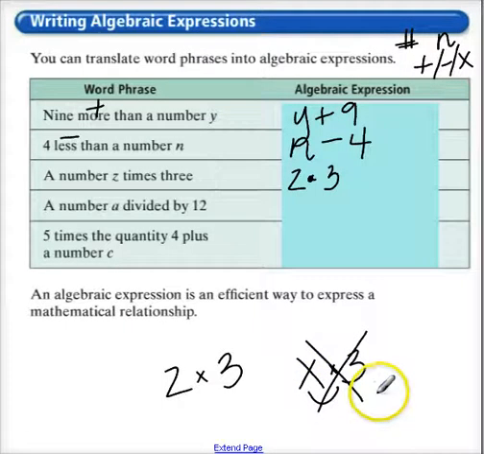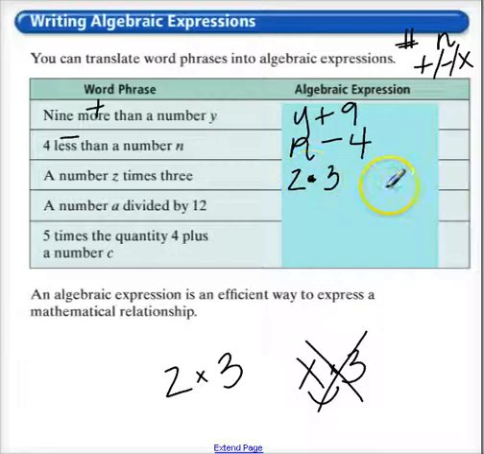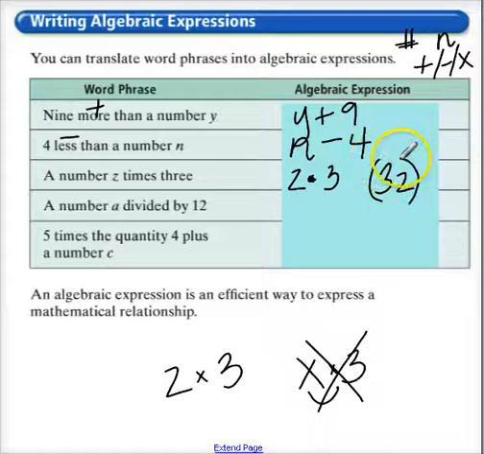So we don't want to use an x symbol for multiplying anymore. We'll either use the dot or writing them next to each other means multiply. With multiplication, it doesn't matter which order. z times 3 or 3 times z. They're the same thing.